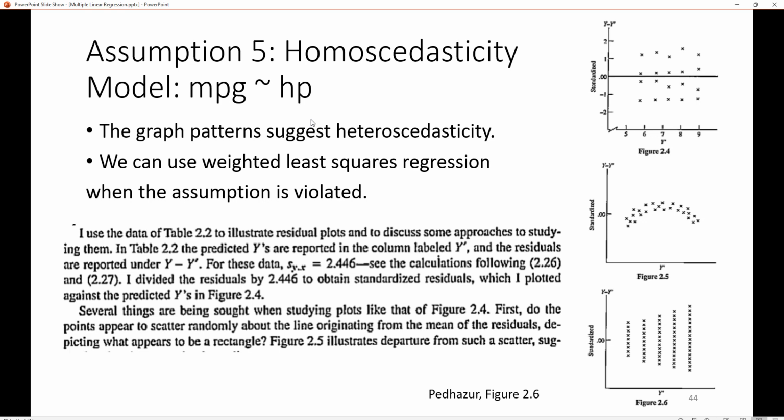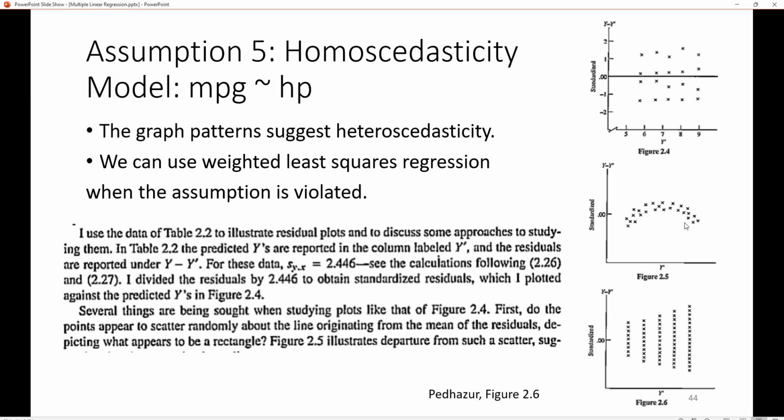Here we have the model. On the top right, we see a graph with values spread randomly above and below that line of 0 for a 0 residual. So there's no pattern there, so that's a good sign.